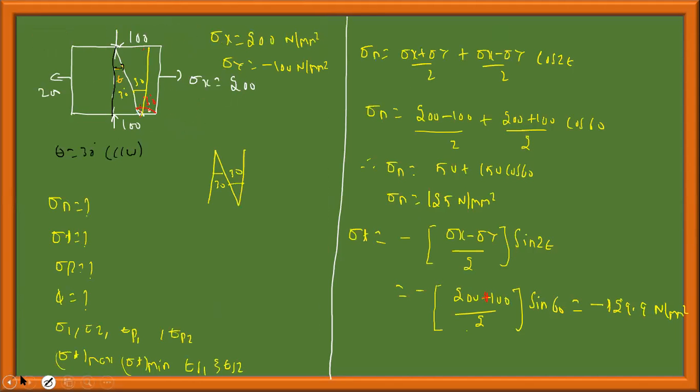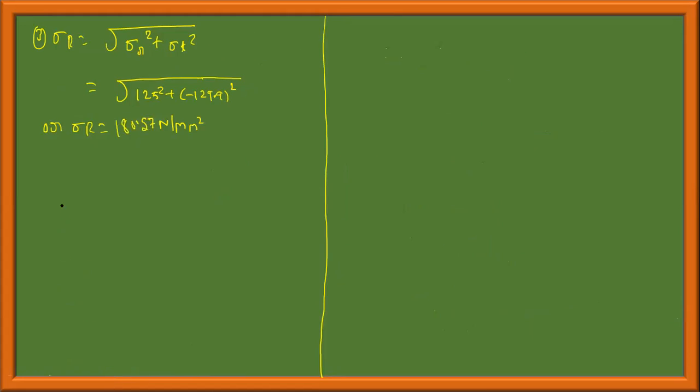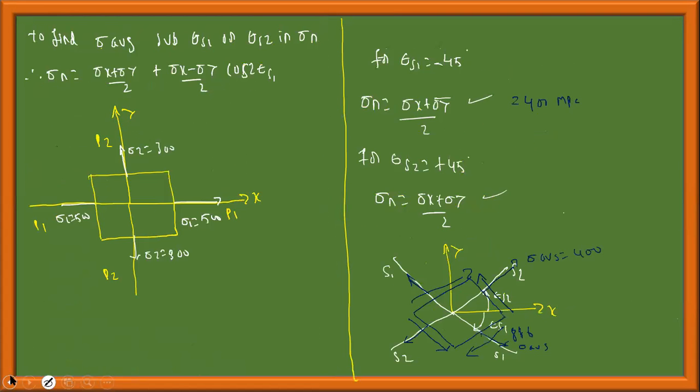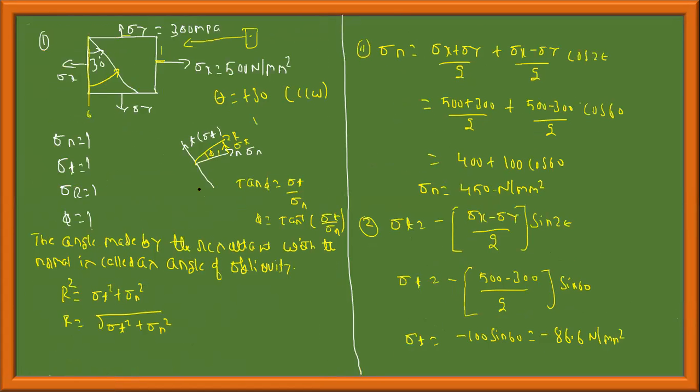Next, phi. Tan phi is the ratio of sigma T by sigma N. You can see from here, it is the ratio of opposite by adjacent.